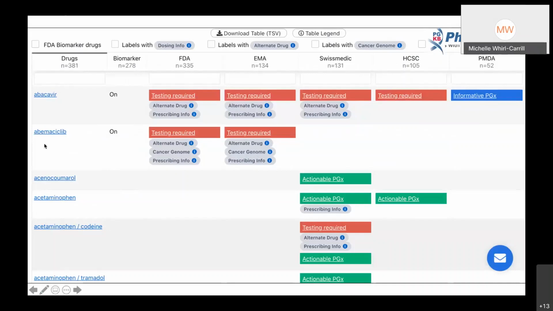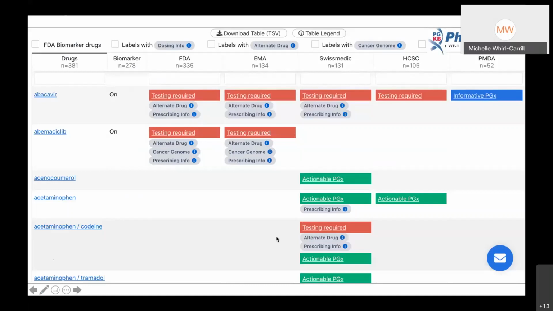Okay, but then for each drug along this side, you can see in this column if we have an FDA label curated about it, or a label from another agency. This tells you, okay, on this particular label, there is a variant that is required to be tested for before you can prescribe the drug. And then we have all these other tags that I showed you as well.